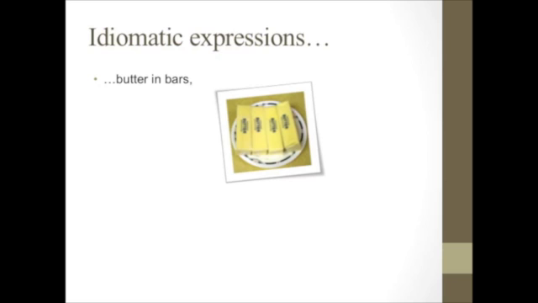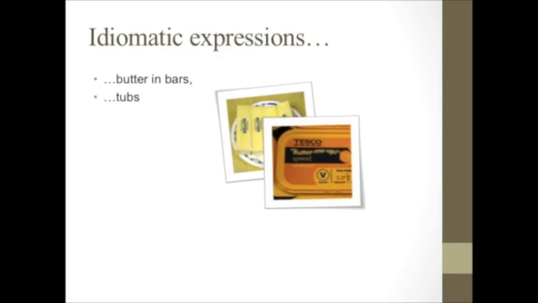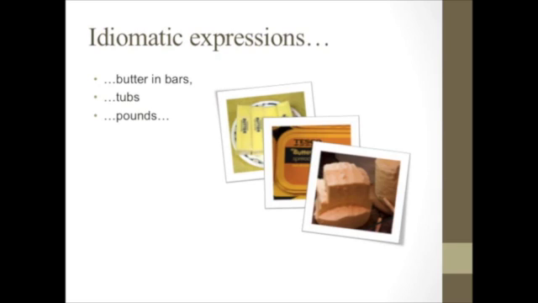Finally, we have some idiomatic expressions that are peculiar to some words, and these are just a few examples. For example, normally, when you're referring to butter, you would quantify it in the United States with the packages or forms that it is found in, such as bars, tubs, pounds of butter, and so on.